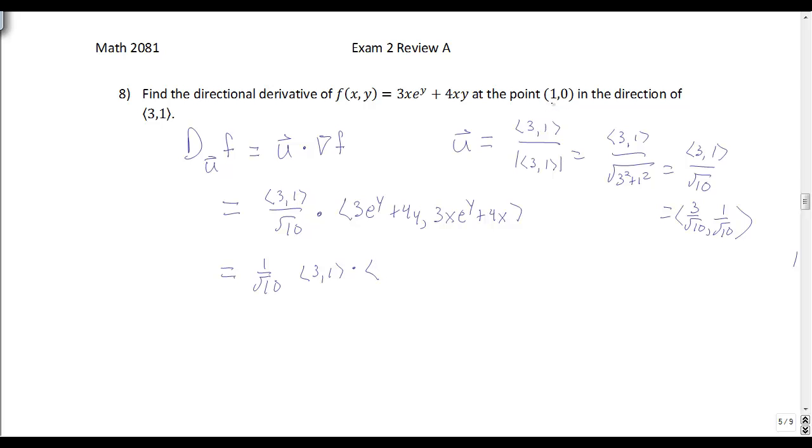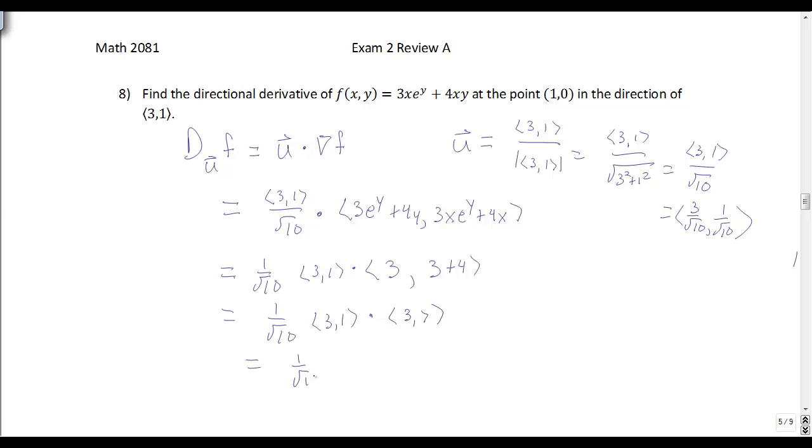Now I plug in x is 1, y is 0. So e to the 0 is 1. 3 plus 0, that's just 3. Let's see, x is 1, y is 0. That's 3 plus 4. And then that's 1 over square root 10 times (3, 1) dotted with (3, 7).